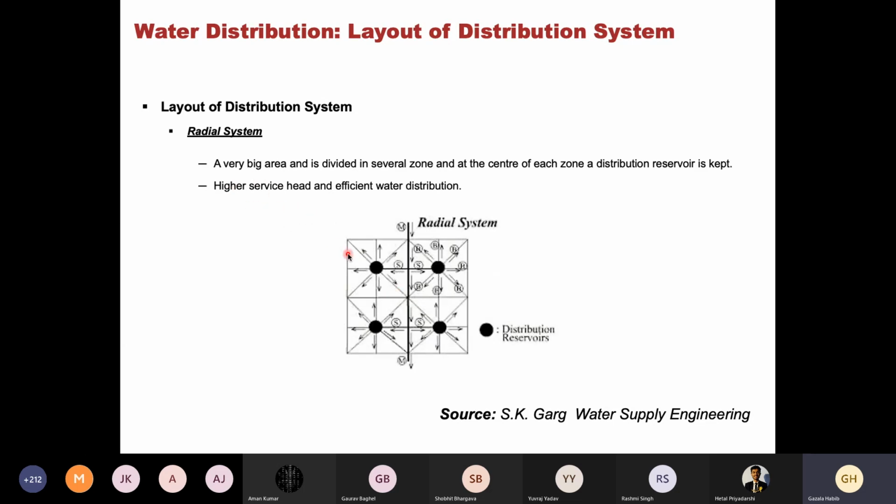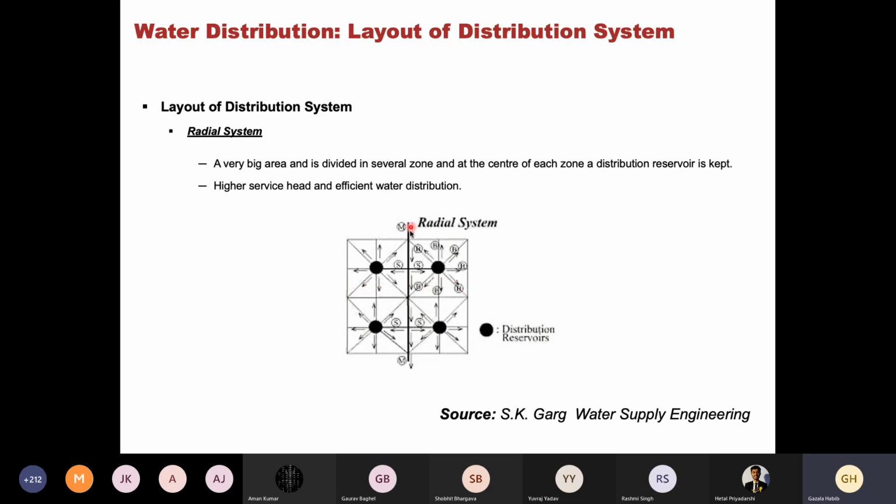Then the radial system. In the radial system, you will have a different water distribution reservoir for each area. The whole area can be divided into 4 or 5 parts, and in each part we will have one reservoir for water supply, and that reservoir will provide the water to the branch pipes, and that will go to each individual home.